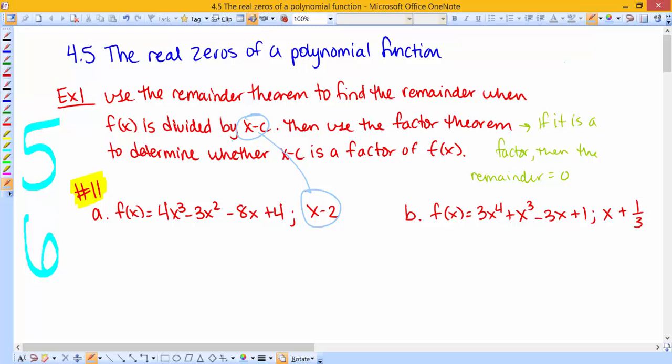You are welcome to use long division though. So the remainder theorem just states that I can divide this polynomial by x minus 2 and get a remainder. And then it says use the factor theorem to determine whether x minus c is a factor. So the factor theorem is if when I divide I get 0, then it is a factor. So we will be using that to help us solve.